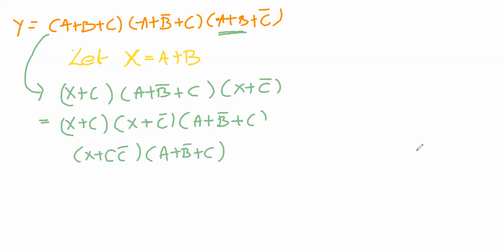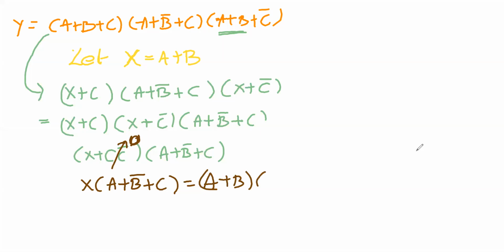So this value is 0. This will lead to X into A plus B bar plus C. What is X? This is A plus B.